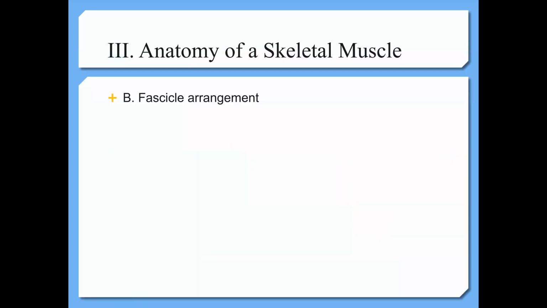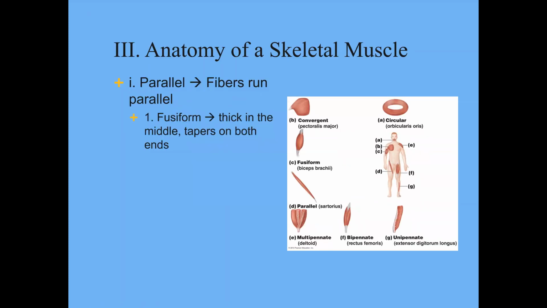These are ways of categorizing muscles, just like you can categorize bones: long bones, short bones, cube-shaped bones, and irregular bones, okay? Well, we can have parallel fibers where the fibers run parallel.